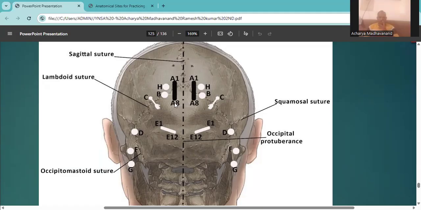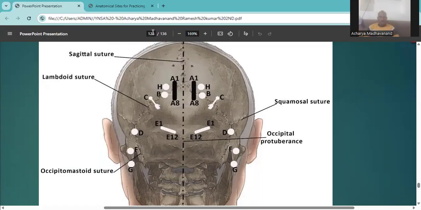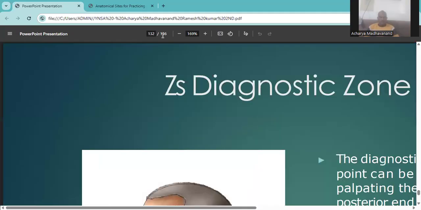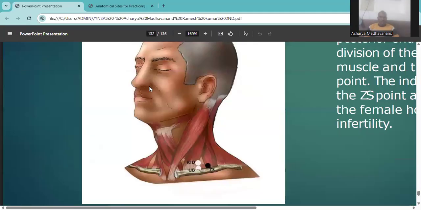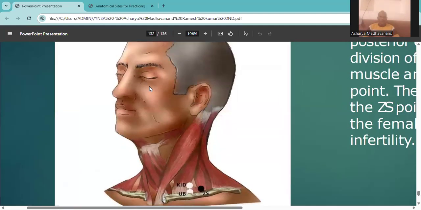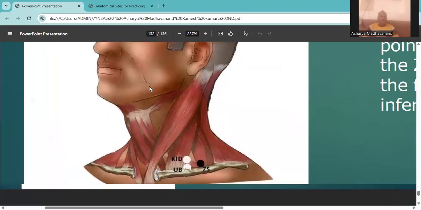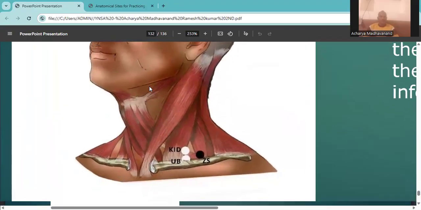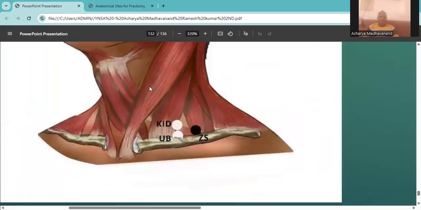You go for 132 number PPT. Show here the picture very clearly. For diagnosed zone, you see here ZS point diagnosed area.